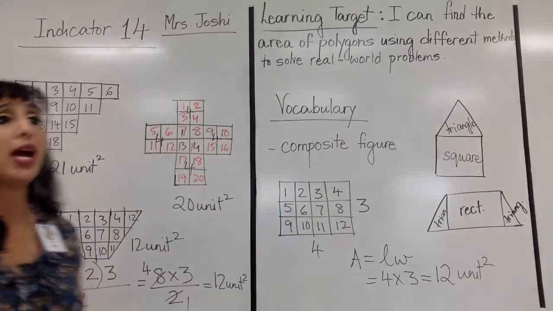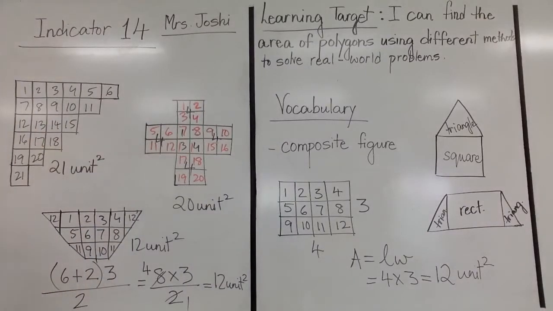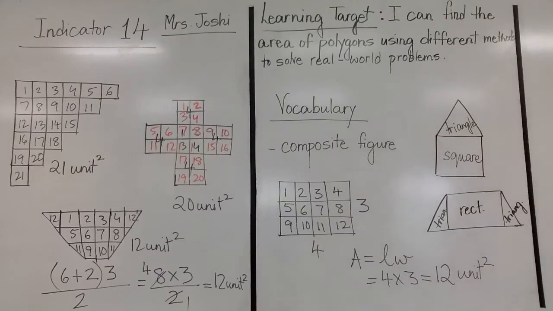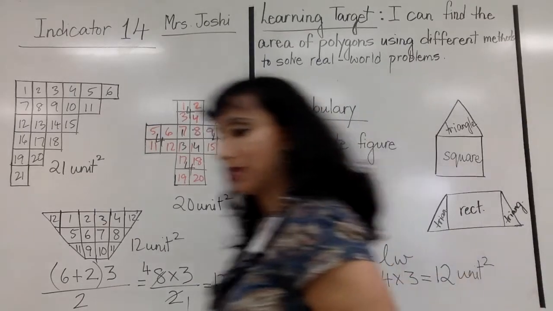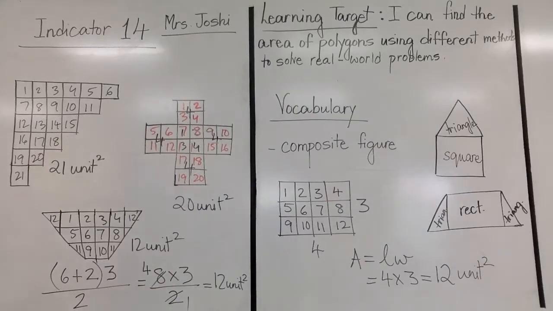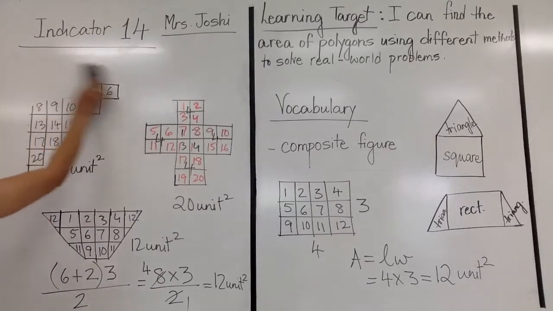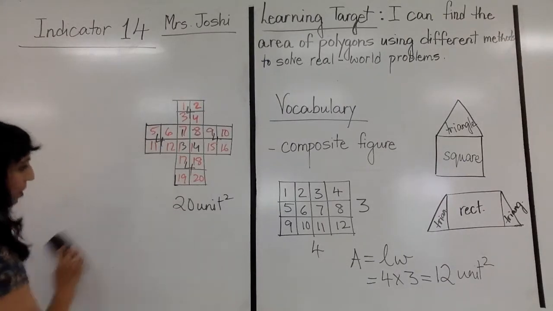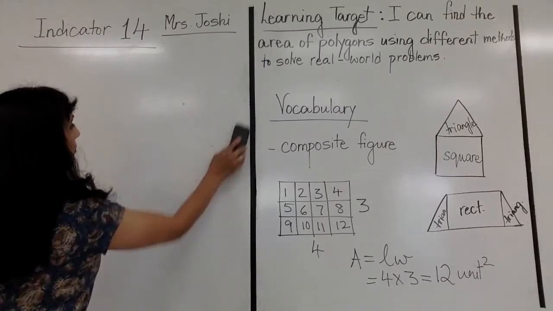Okay, now let's calculate some composite figures. I am going to give you a shape, and of course, by now you all know what each shape is and what the formulas are, because we've already done that.